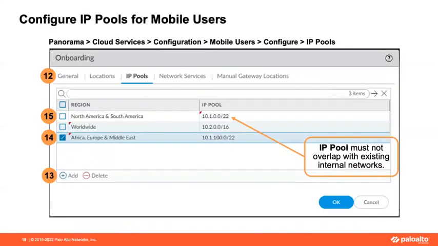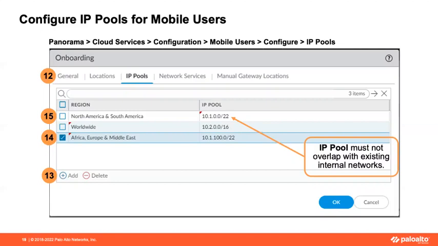The next tab, IP pools. So if you think about connecting to Wi-Fi at the office or even at home, you'll be given an IP address, and that IP address comes from a pool that router or that access point has. They're going to hand you an address from that pool.